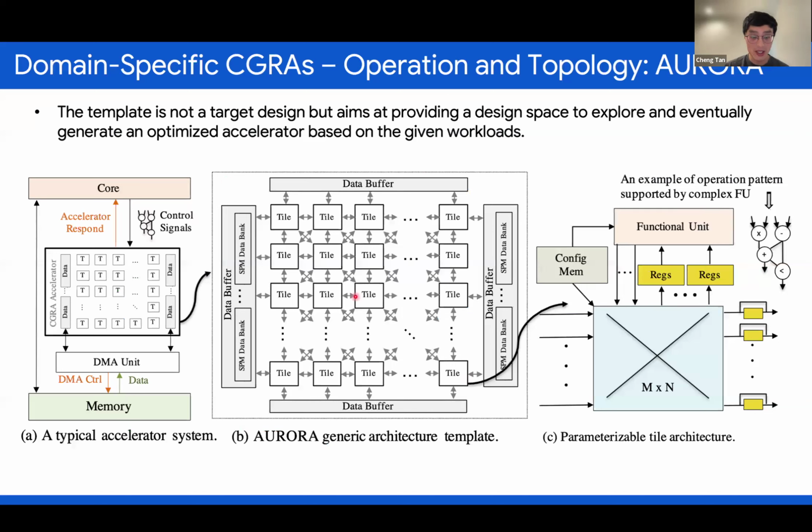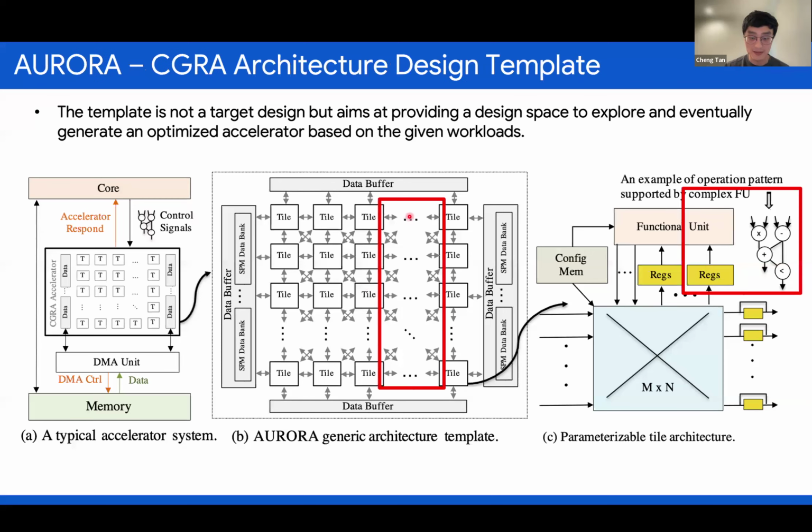Aurora provides a design template that helps you design any CGRA architecture for a given domain. Domain means a set of kernels. Here we can see that this template contains more than enough routing resources and functional units. So this is not a fixed RTL now.